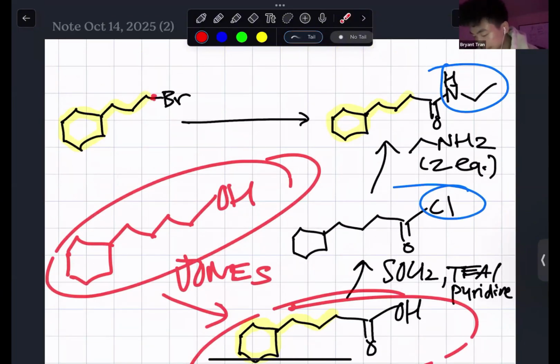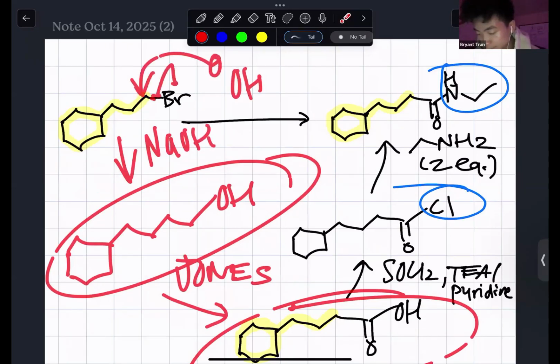If we tried getting from here to here using, let's say, NaOH, where the OH minus attacks this carbon and kicks out the bromine good leaving group in an SN2 reaction, that wouldn't get this, because we won't have that extra carbon right there. We'll have 1, 2, 3 carbons coming out of the ring, and then this would have been the OH right there.